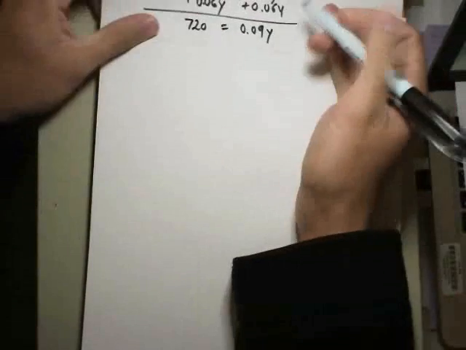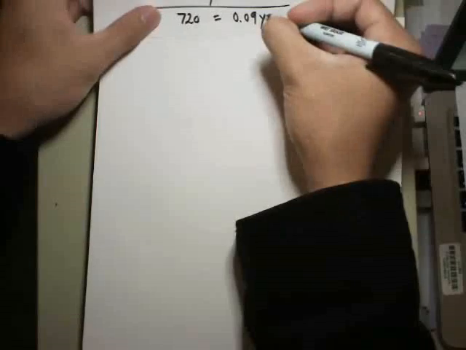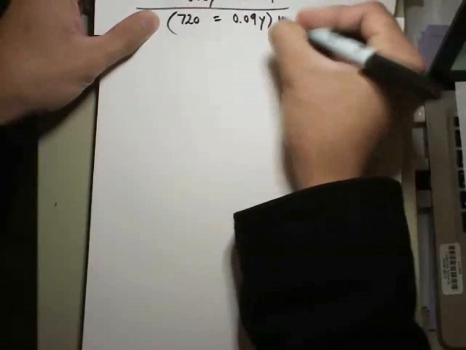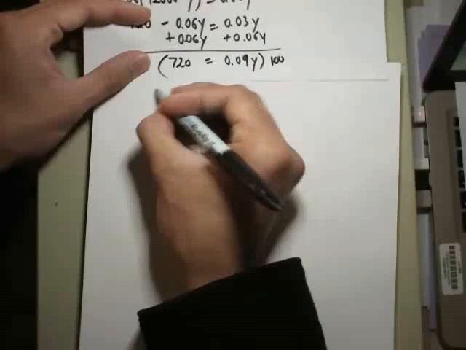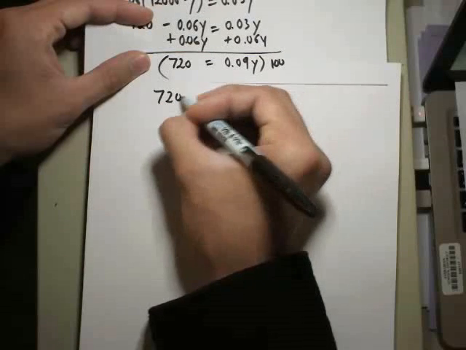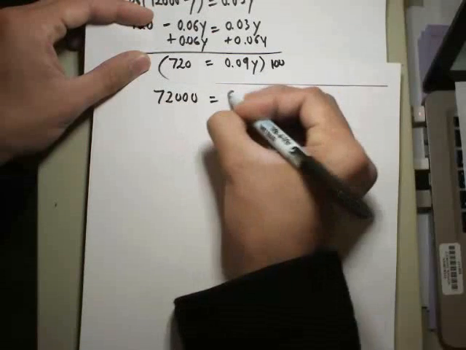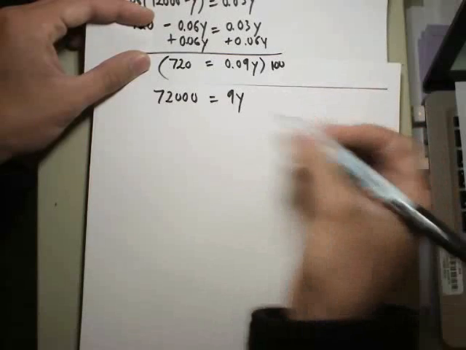And if we continue on with this problem right here, you know, I hate dealing with decimals, so let's multiply the whole thing by 100 to clear it. So what we will end up with is 72,000 equals 9Y. It makes it a lot easier for me.